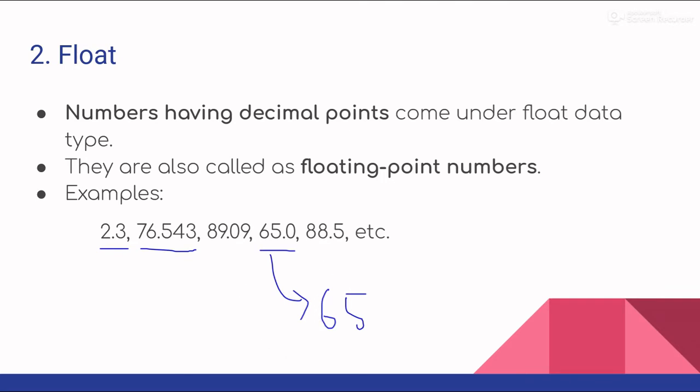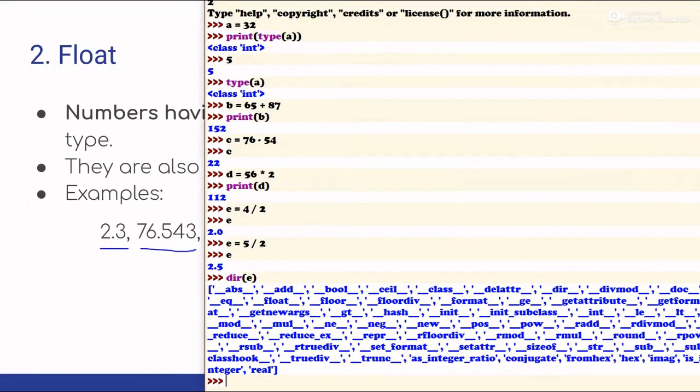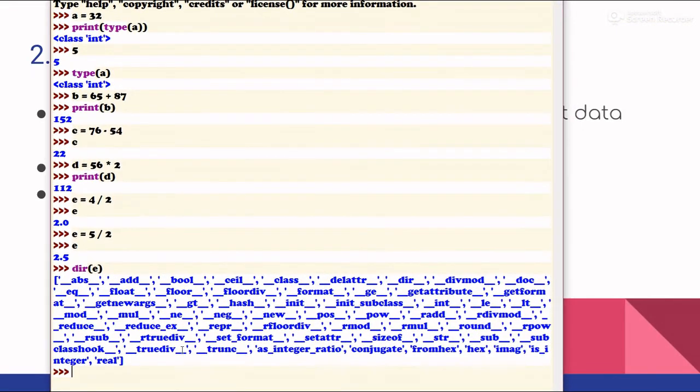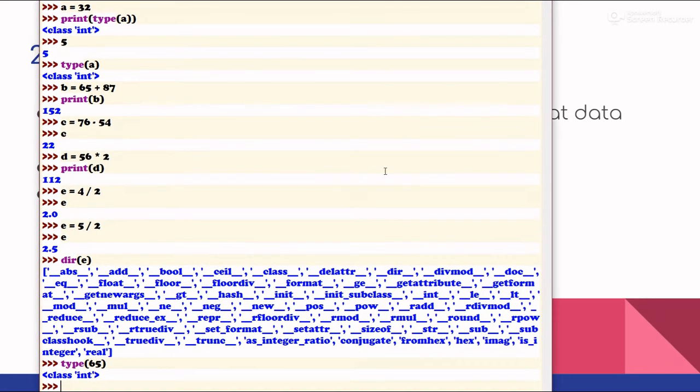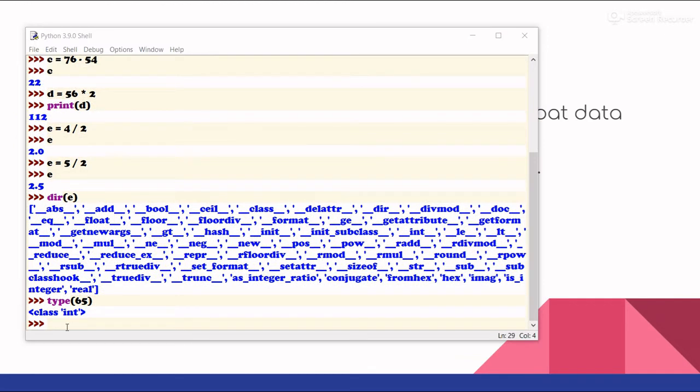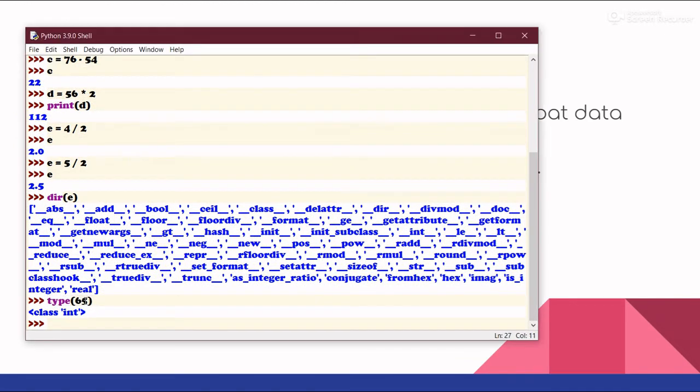Obviously it's an integer. If you do this, let's say type 65, we get class int because 65 is an integer.